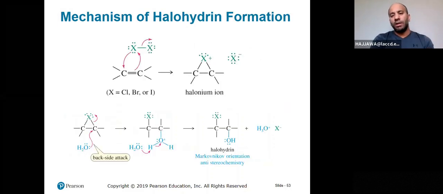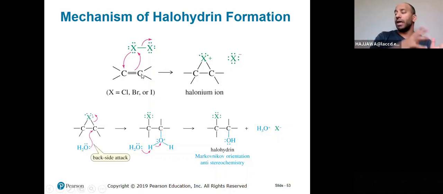And here's the detailed mechanism. If I have an alkene mixed with halogen and water, do not worry about the water at first. The alkene will actually attack the halogen first, just like we've seen in the halogenation mechanism. One of the halogens will interact with both carbons of the alkene, and that will form the halonium ion, kicking off the X minus.